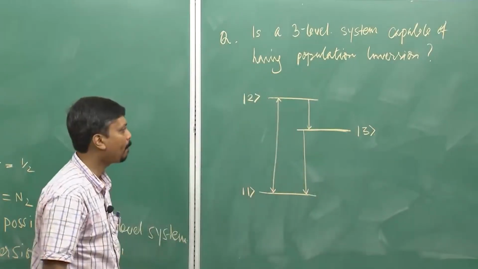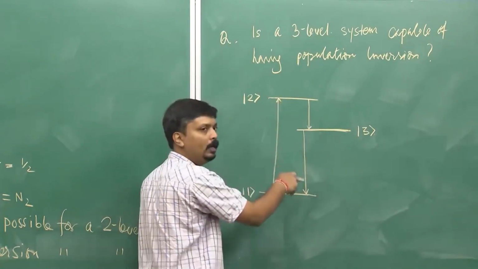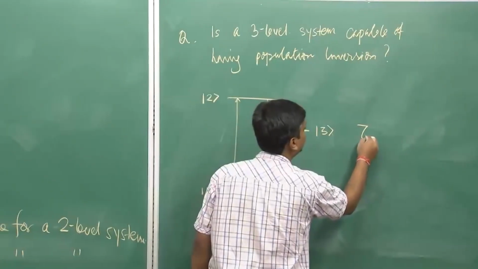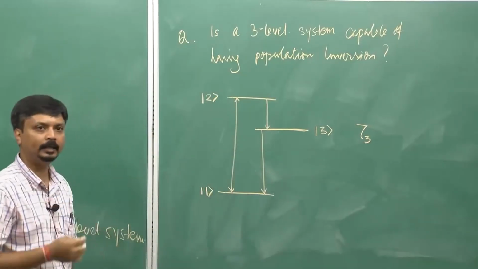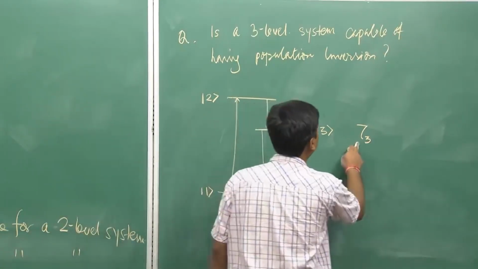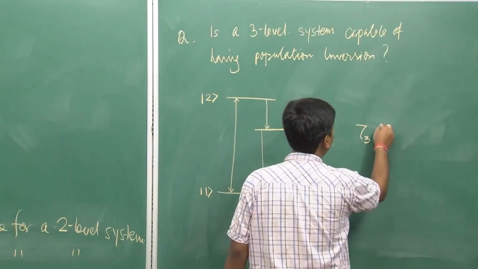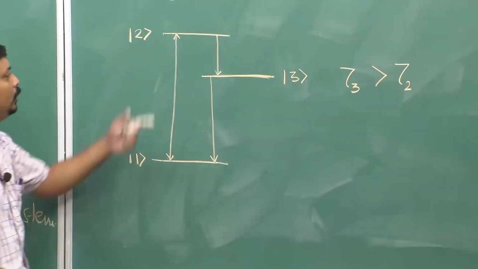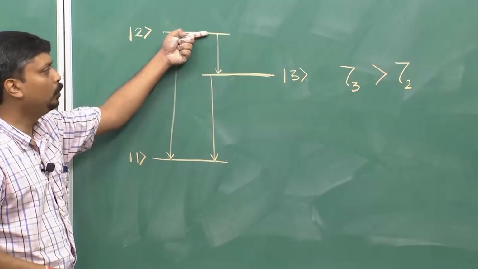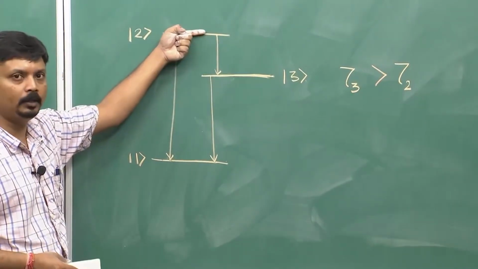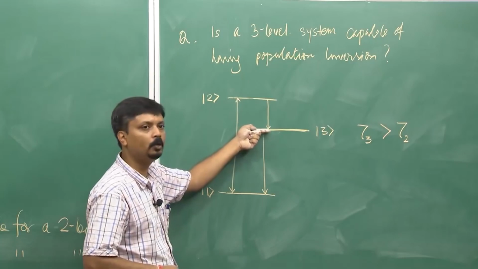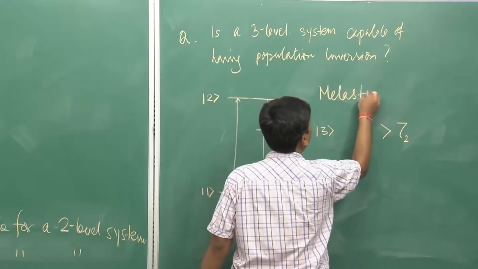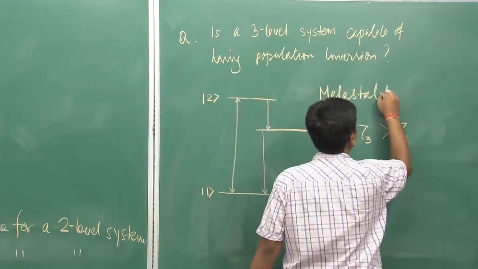Level 3, which is lying below level 2, must have a long lifetime. If I write tau 3 as the lifetime of state 3, then tau 3 should be much greater than tau 2. In other words, the lifetime of state 2 is much shorter. It is a short lived state, whereas this is much long lived, and this kind of state is known as a metastable state.